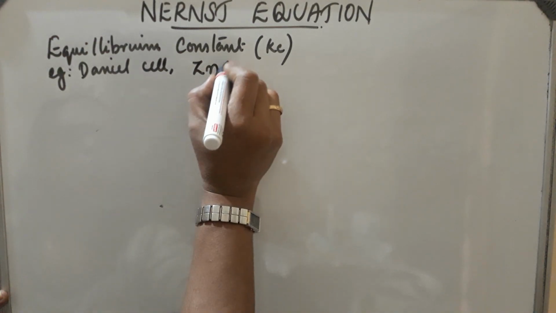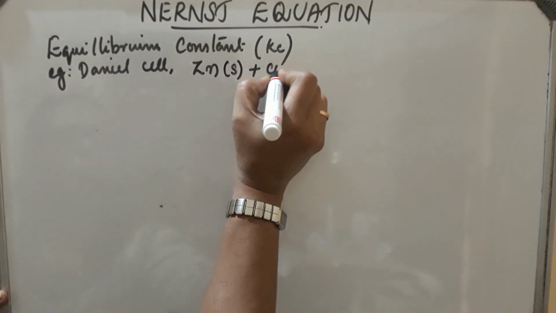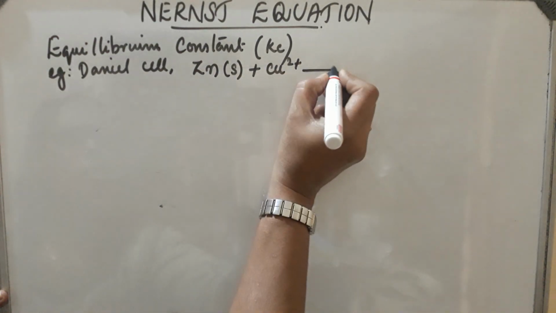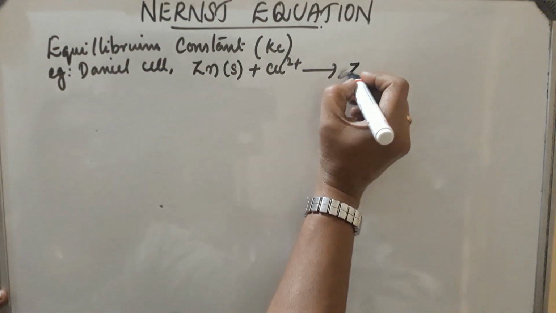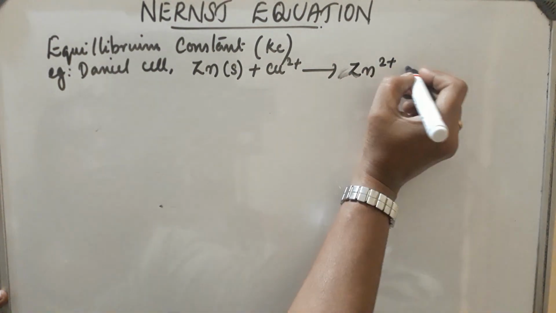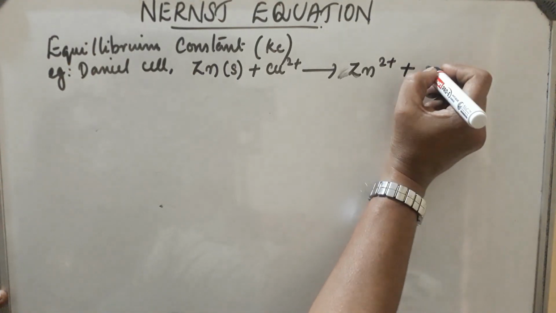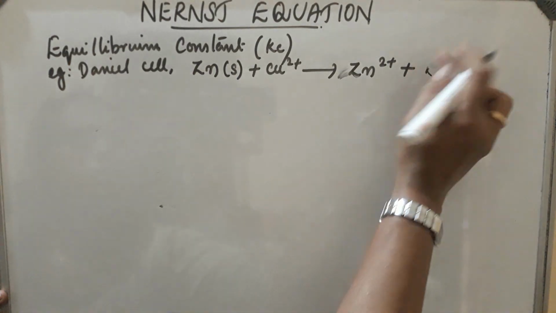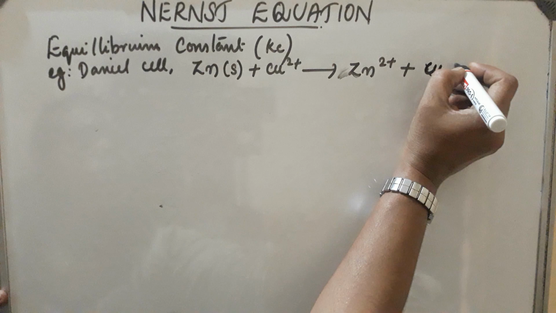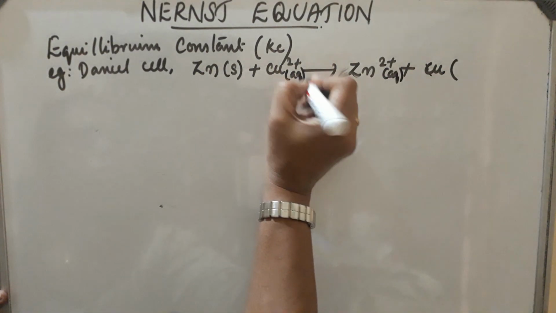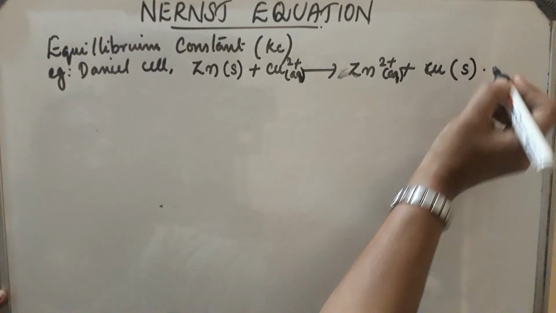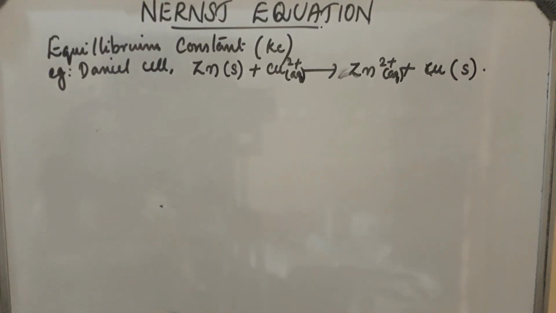Zinc and copper: Zn plus Cu2 plus gives Zn2 plus plus Cu. This will be the reaction for the Daniell cell.